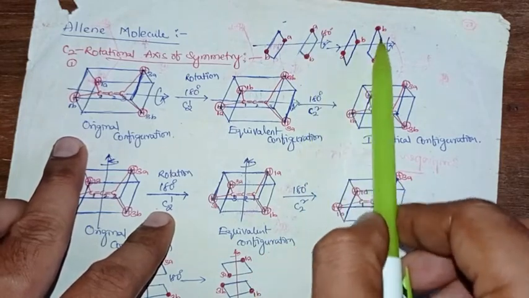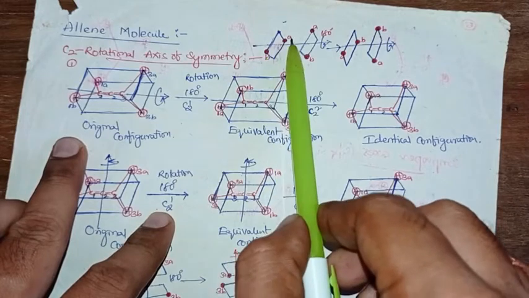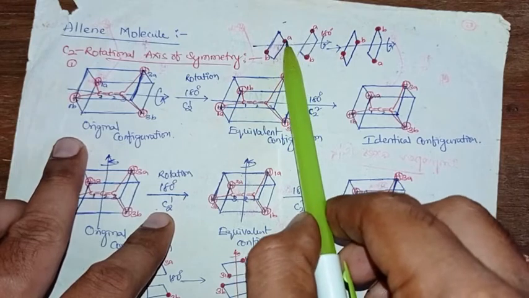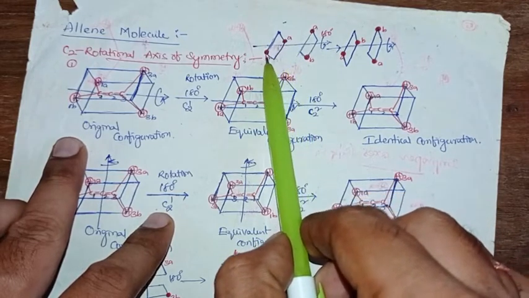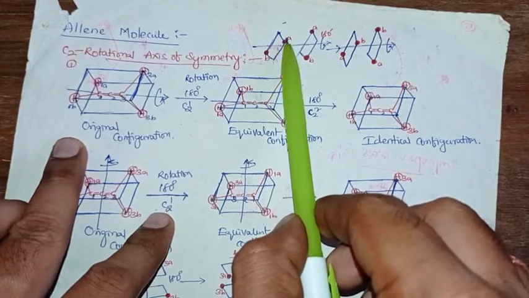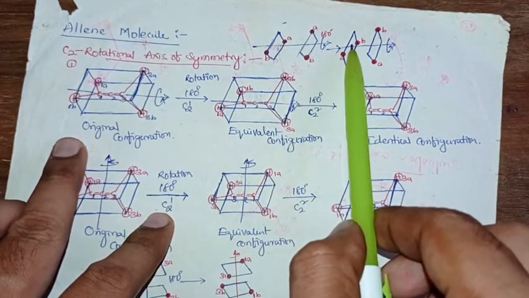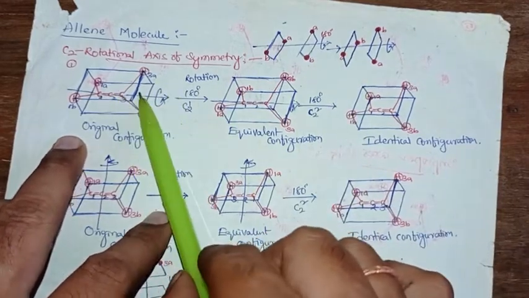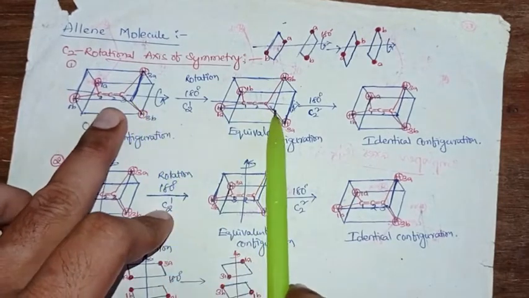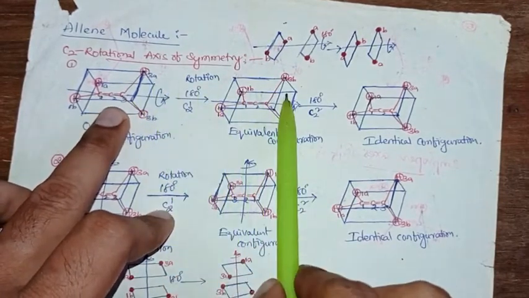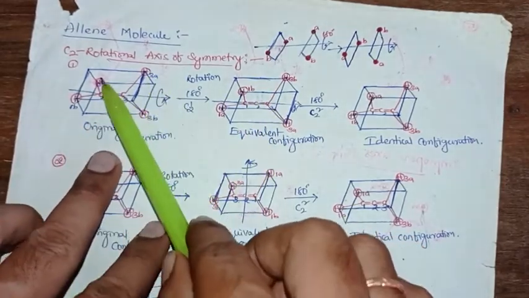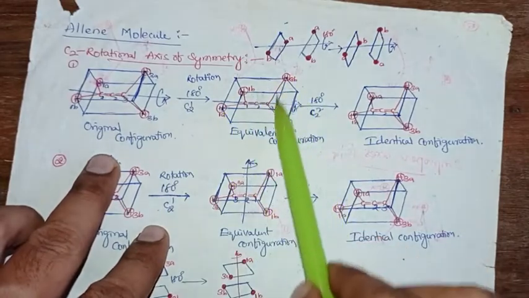And the H1A and H1B also, upon 180 degree rotation, H1A reaches the H1B position, and H1B gains the position of H1A. So after the rotation, the configuration changes like this. The H3s replace each other, and the H1s replace each other.